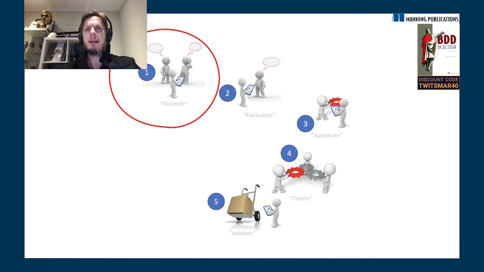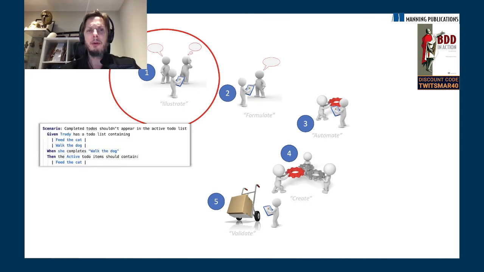Now, back in the day when we used to have this conversation, what we'd do is sit down in a room and write these executable specifications. We'd write those given when then statements directly with the product owner in the room, and we'd come out with a whole lot of given when then statements.